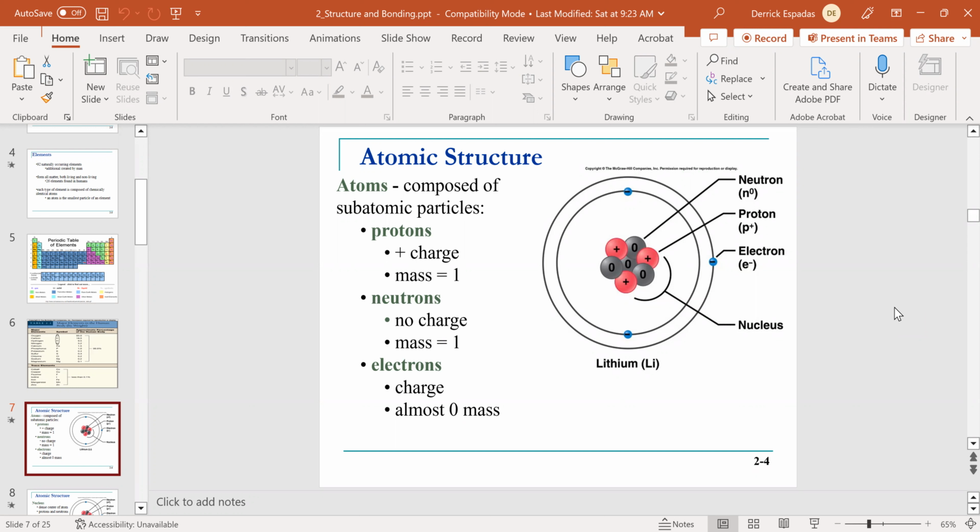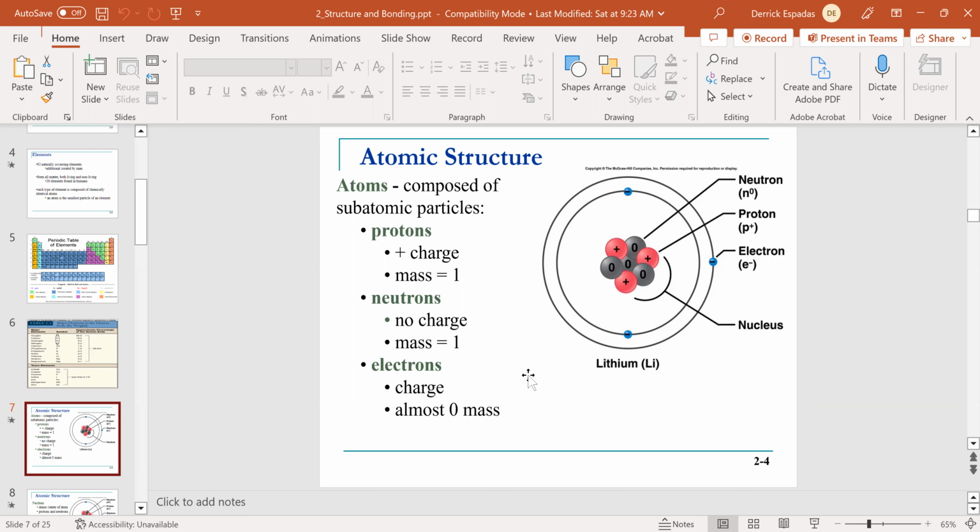Let's take a look at this model as well. We call this the nucleus, the center of the atom, and that's where the neutrons and protons are. Electrons, depending on the model, in this model form little rings outside.